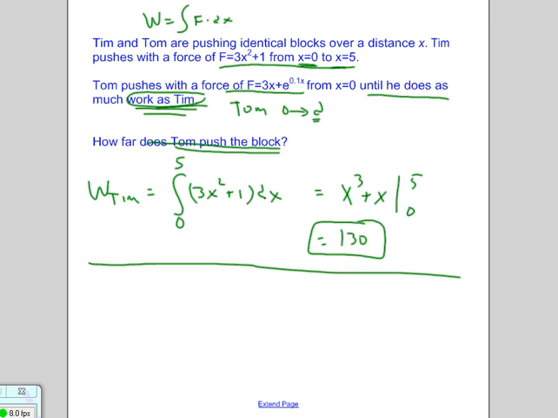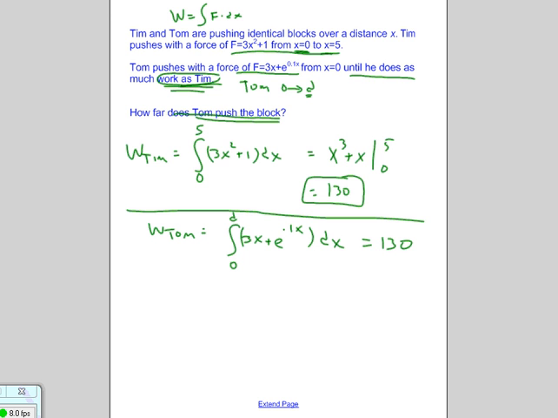What about the work that Tom does? Well, the work that Tom does is the integral from 0 to some unknown distance d of f dx, so 3x plus e to the 0.1x dx. And this has to equal 130. So what do we do?